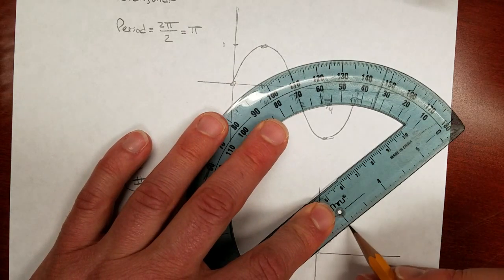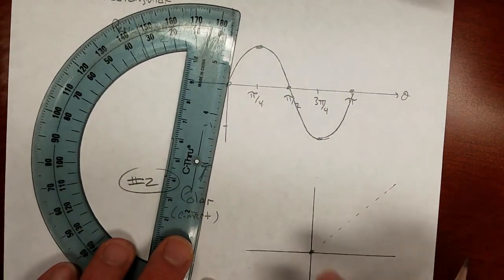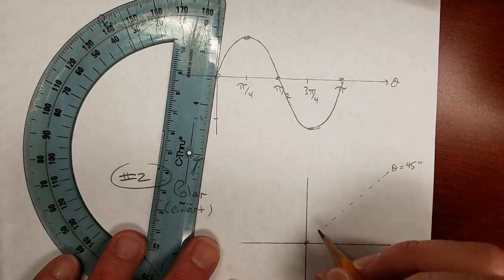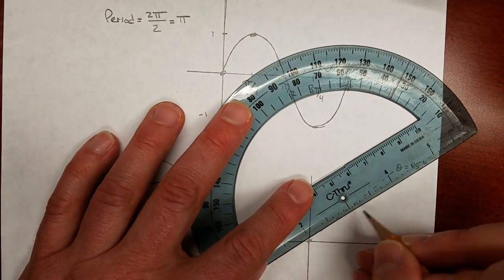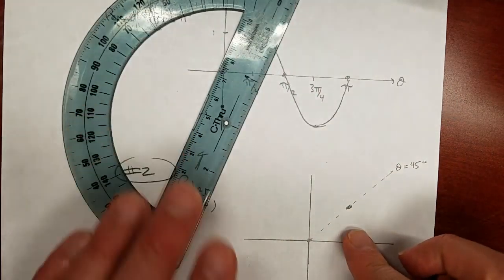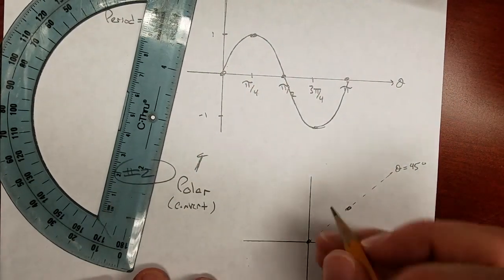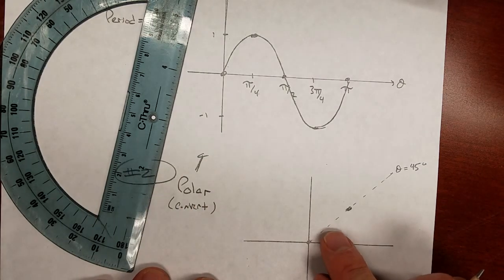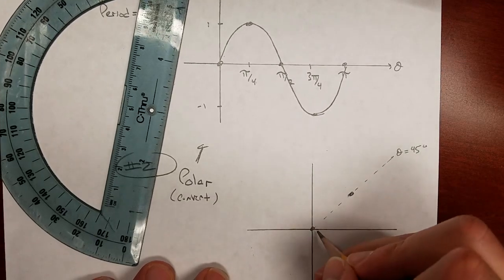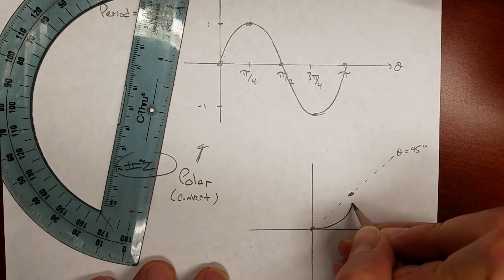So I'm going to go ahead and say, all right, that line right there, with my protractor, that's 45 degrees. So let's say that's 1 right there. So 1 inch, that'll be 1. What's this curve going to have to look like if, as you increase your angle from 0 to 45, r very gradually gets bigger? It has to be something like this.